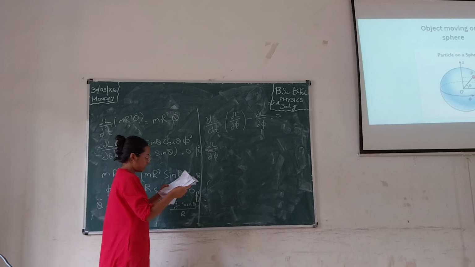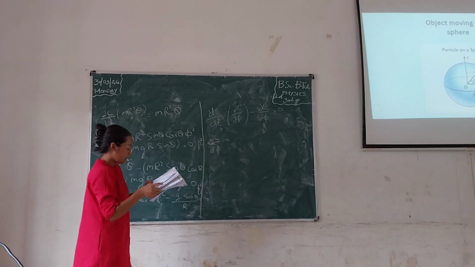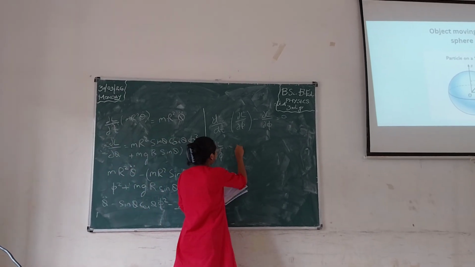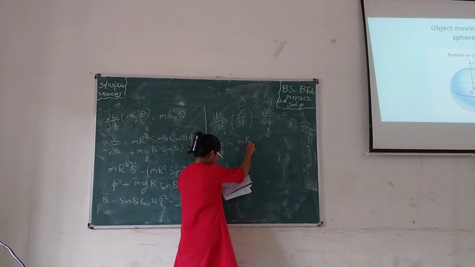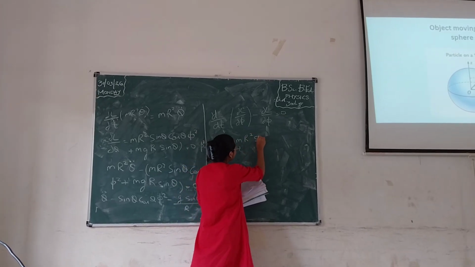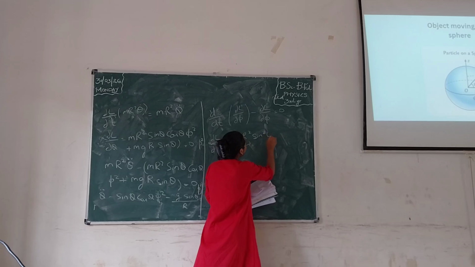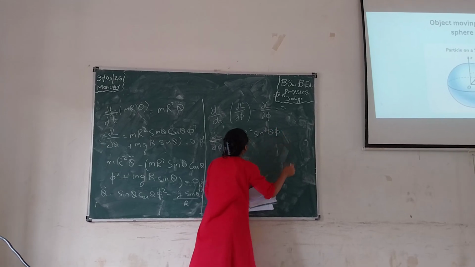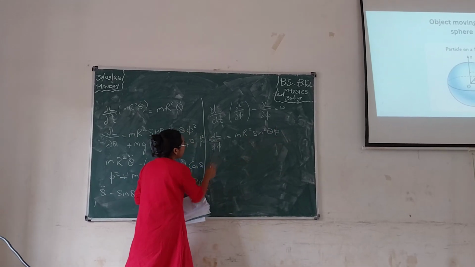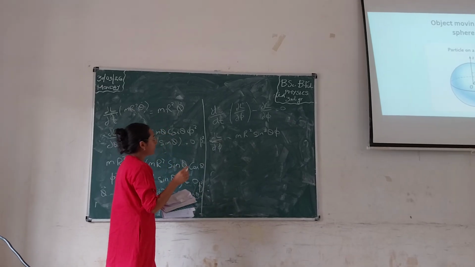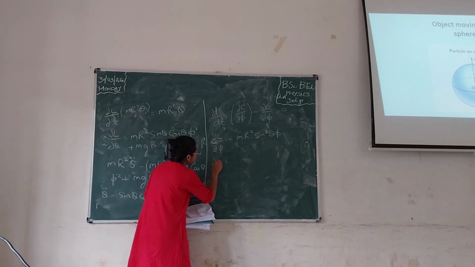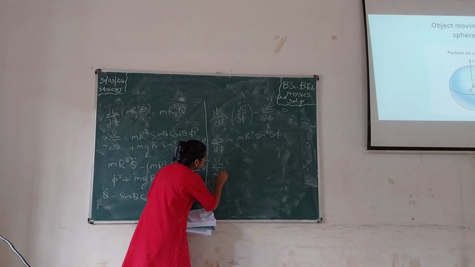So we'll take the first term of T, that will be m r square sin square theta phi dot. Then we'll differentiate L with respect to phi, that is dou L by dou phi.